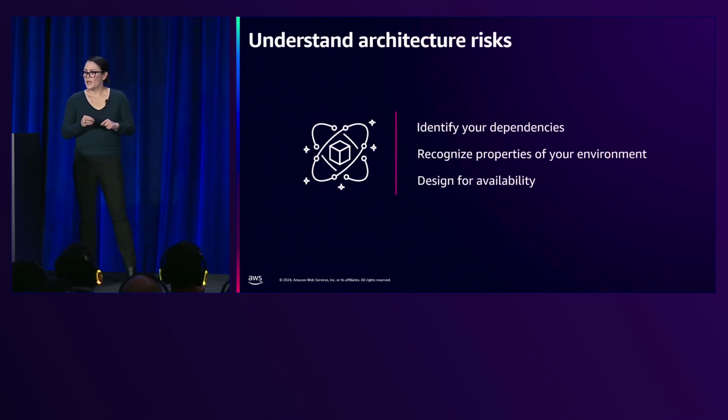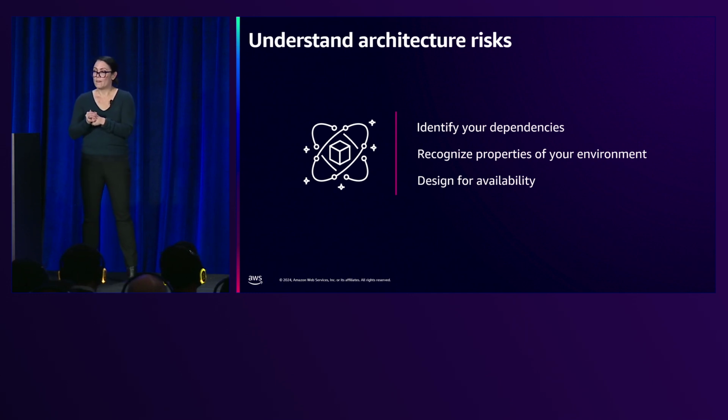A key piece here is evaluating the dependencies that your application has that affect availability, because an interruption in any service that you have a hard dependency on is going to cause an interruption in your service.